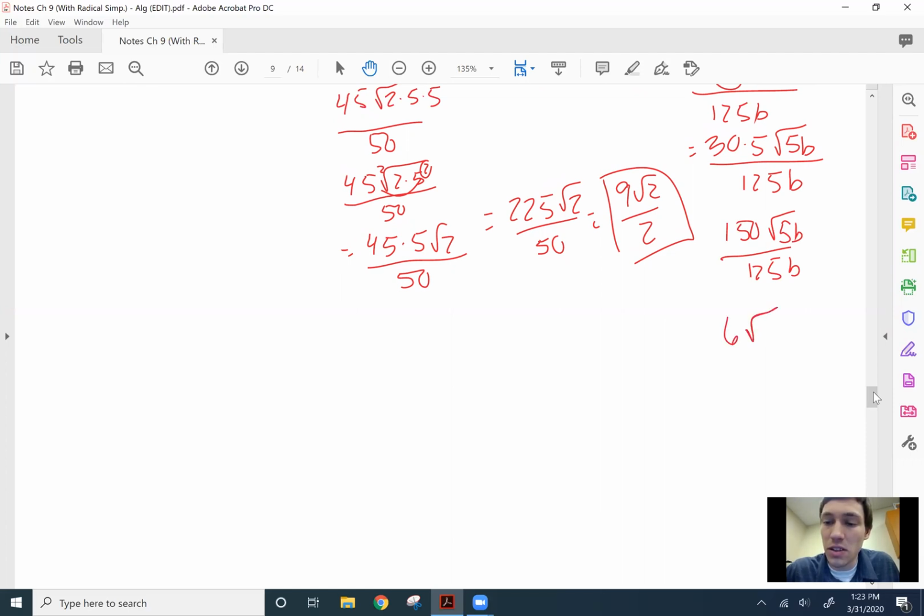So 6 square root of 5b all over 5b. Again, 5b and 5b don't simplify because this is square root of 5b, not just 5b. And that is how you rationalize the denominator.